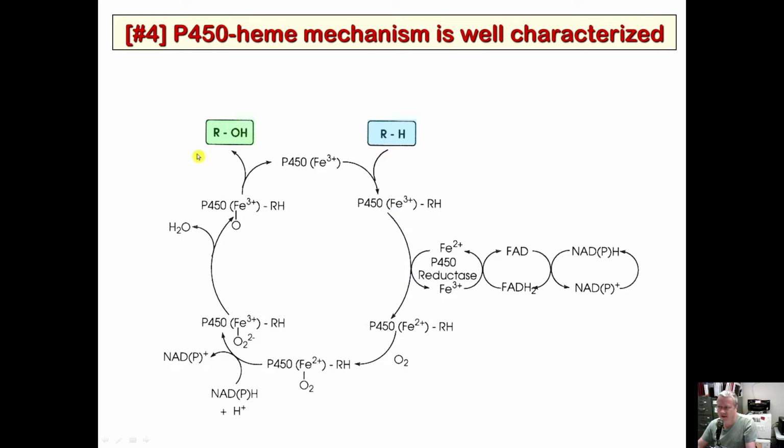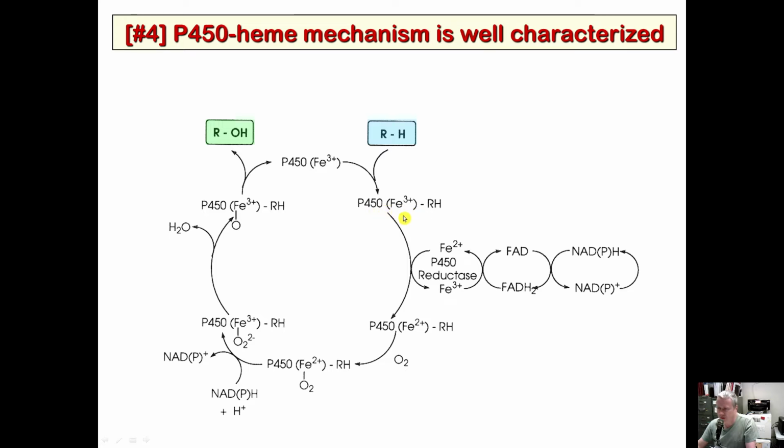P450 often does that in an oxidation manner. So how does it work? The steps are pretty well characterized. Your substrate comes in and interacts with P450. P450 is natively in the iron 3 plus oxidation state.